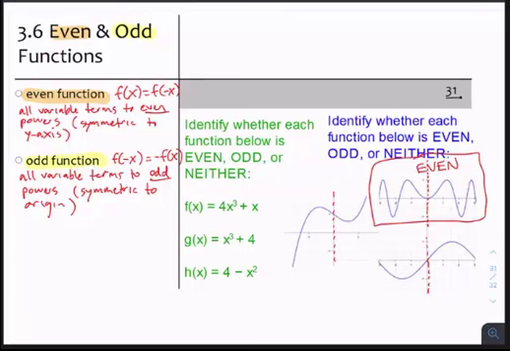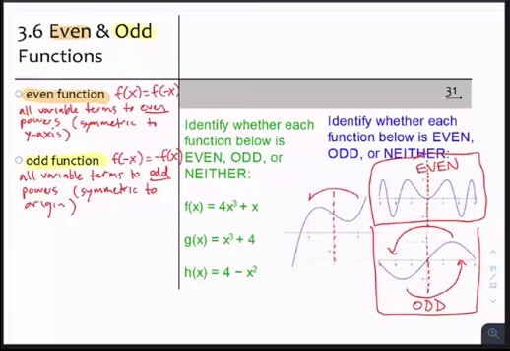Now when we test for odd functions, what we're looking at is, can we take this graph and rotate it? If we rotate this graph 180 degrees, does it map back onto itself? This one does. So this is called an odd function. It's symmetric to the origin. If I rotate this, again, from this point right here, so it's not just the graph itself, but if I rotate that 180 degrees, does it map onto itself?